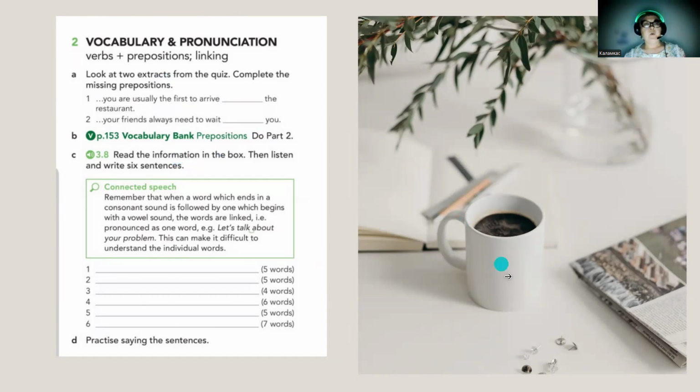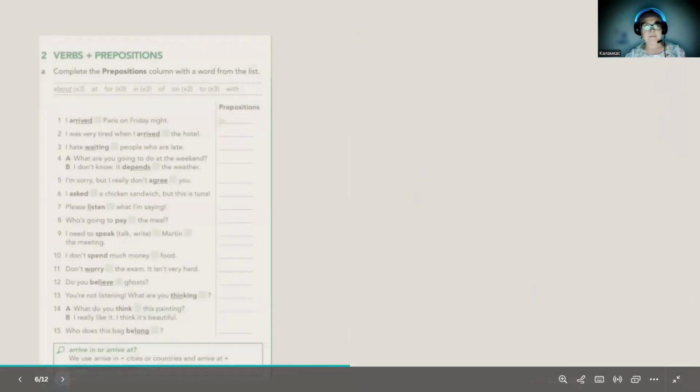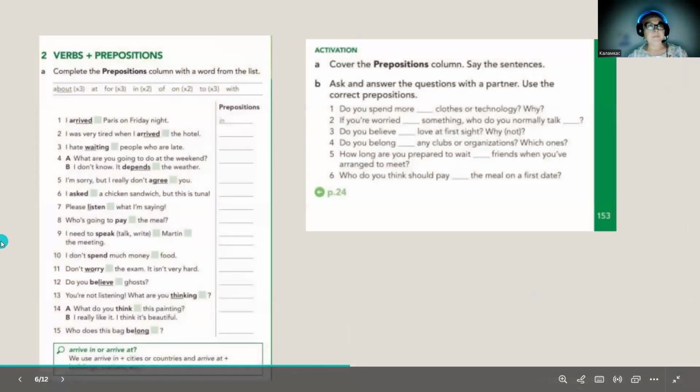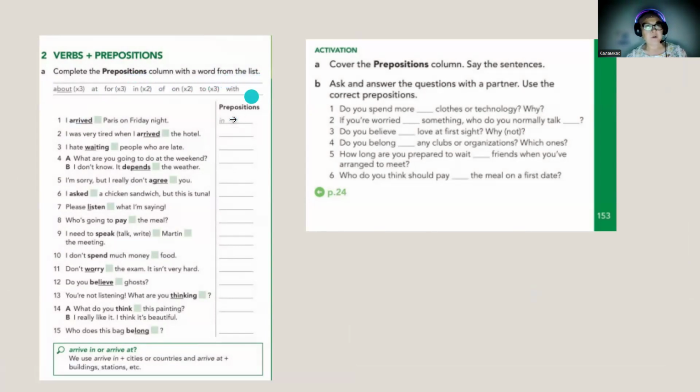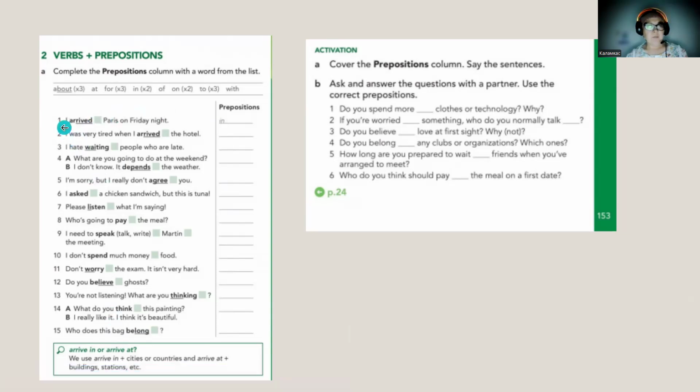So let's go to the vocabulary bank. Complete the preposition column with a word from the list. For example, we have arrive at and we have arrive in. Which preposition should we put there?